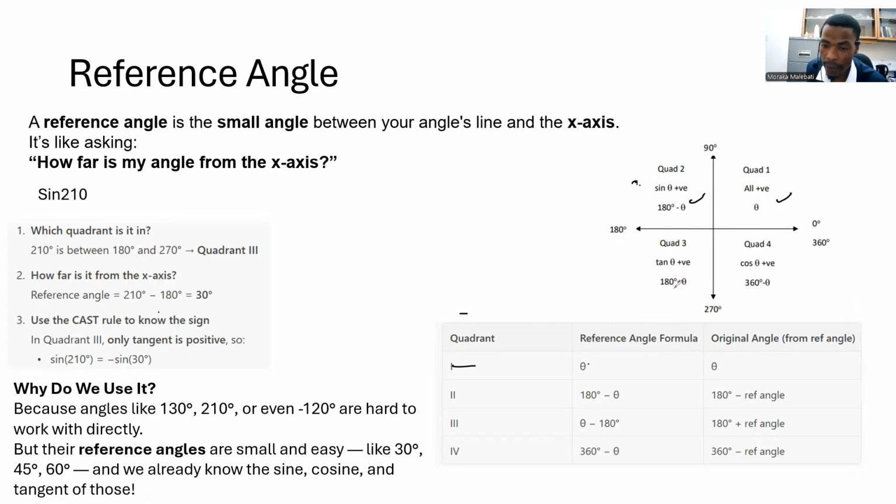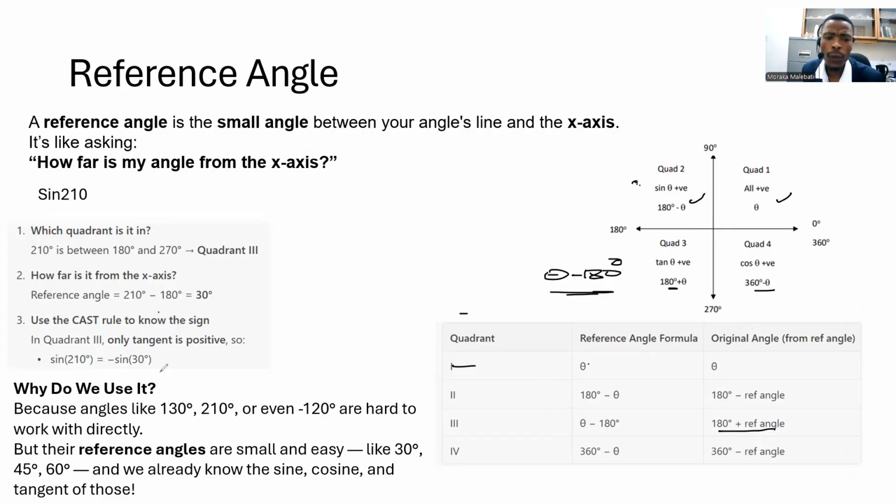The only difference is this part: instead of 180 plus theta, you say theta minus 180. This is when you want to find the reference angle, and 360 minus theta is just the same. But when you want to find the original angle, now you say 180 plus the reference angle.